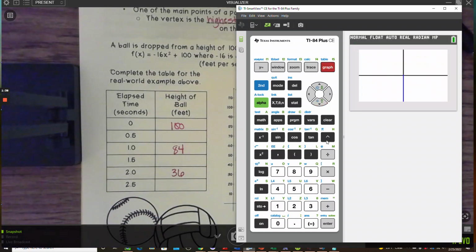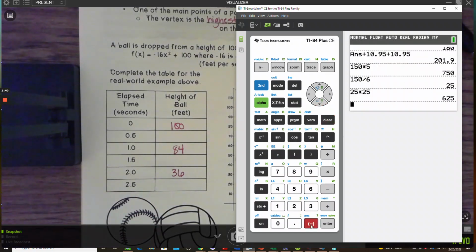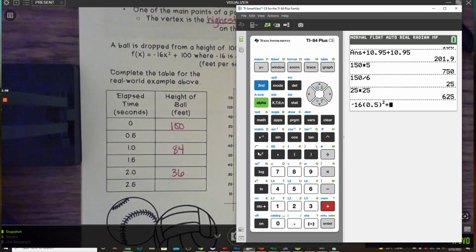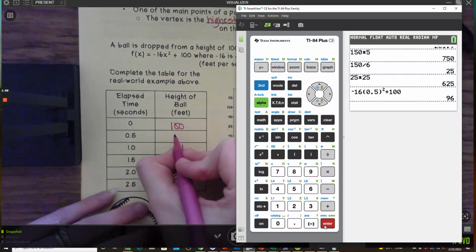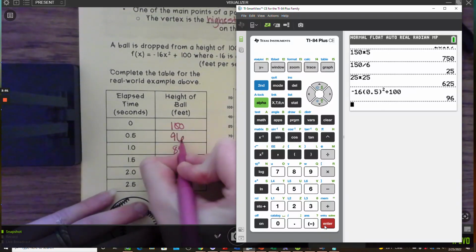The other option to find these values is to type the function in on the calculator side, and instead of the x, remember we put letters in parentheses, we can swap them out with the time values, which are our x values, and get our y values, our height.